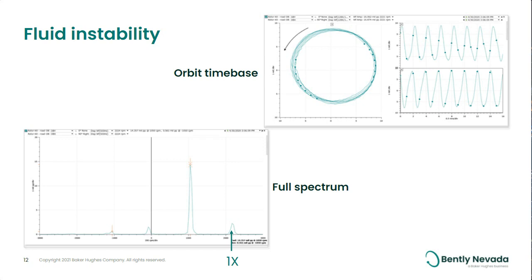So it's very circular. We can look at the full spectrum down at the lower left, and you see that the big peak there, I've got 1X identified, is well below half X. Okay? So when you're looking at fluid instability, those are some indicators for it.